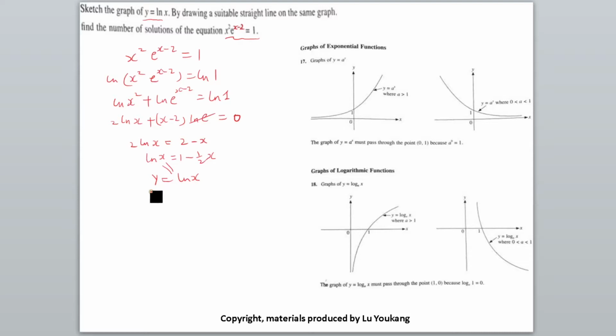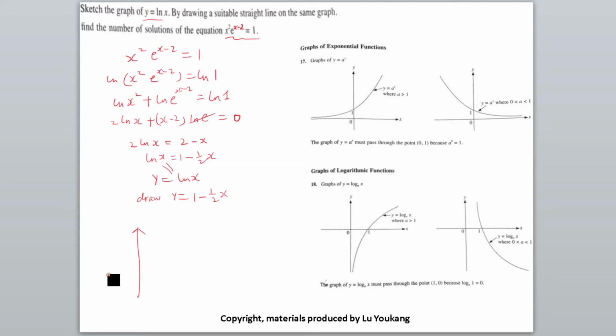So what can we conclude here? Therefore, we can conclude that y is also equal to 1 minus half x. So this is the straight line we have to draw on the same graph. Besides, we have to sketch the graph of y equals to ln x.